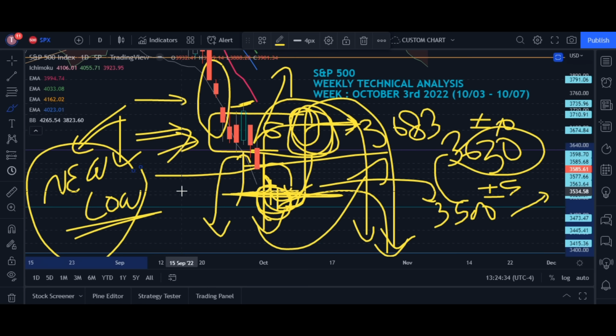Whenever a new low is seen in any of these indices, then only we will be seeing a bullish reversal that will be there for a week or so. And that will give you an excellent opportunity to make money in that short-term bullish reversal, and then go bearish, because the trend is bearish.